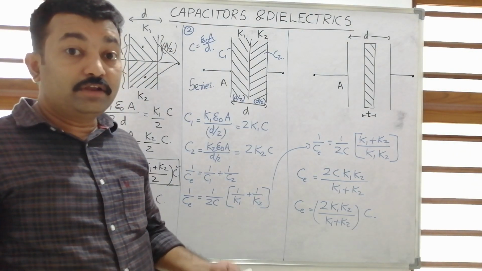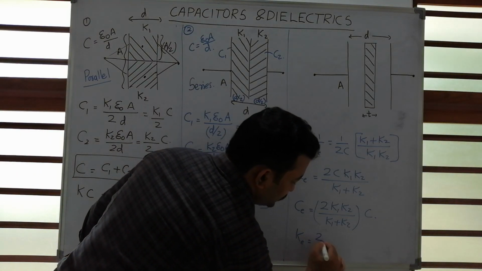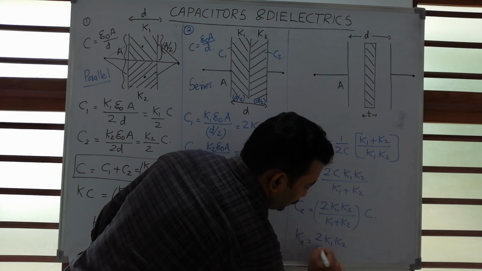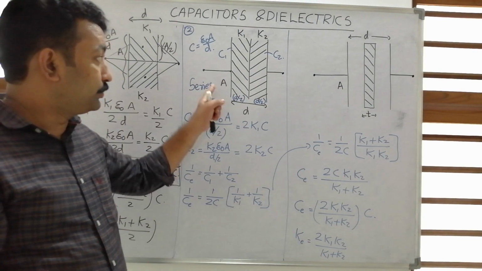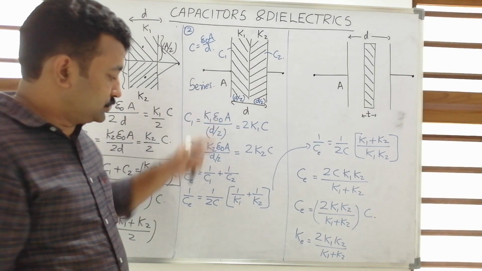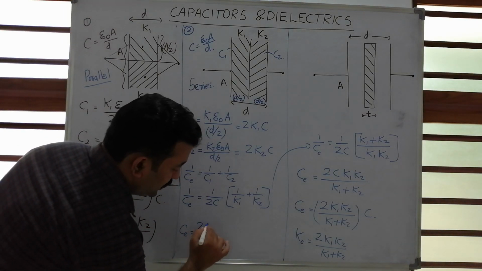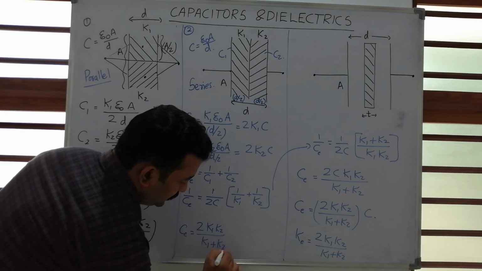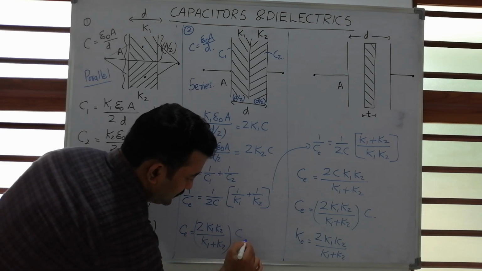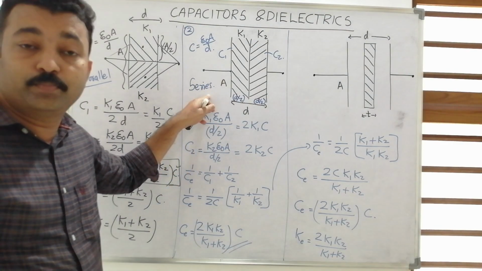So what is the effective value of the dielectric? The effective value of the dielectric constant is 2 K1 K2 divided by K1 plus K2. That is the way to solve the problem if it is like this. So the C effective I can write as 2 K1 K2 divided by K1 plus K2 multiplied by C. That's the way to solve this problem.